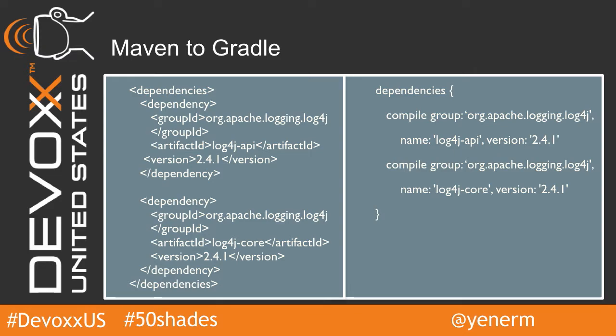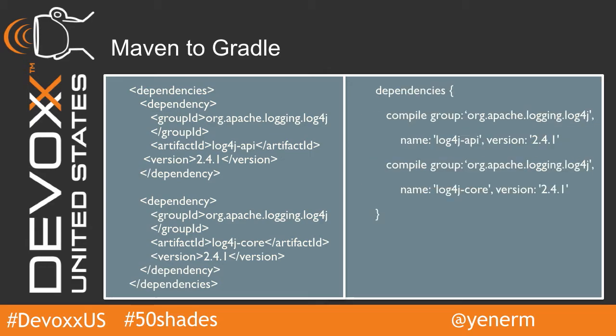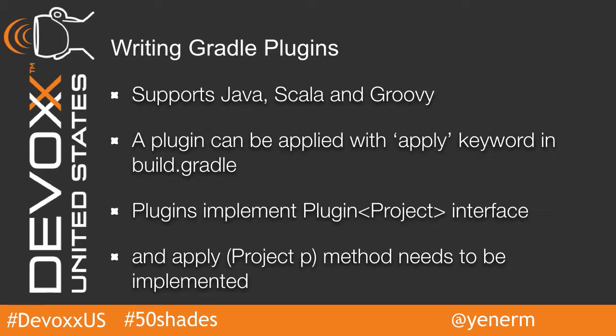And actually, we can even make it shorter by combining the dependency configuration. In the first example, we have the compile group, name, and version as separate properties. But the Gradle syntax allows us to combine and write them in one piece.